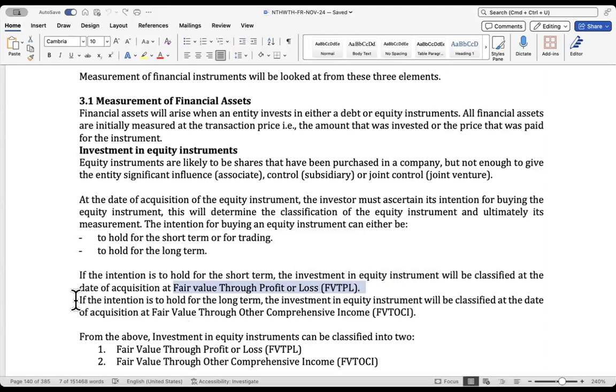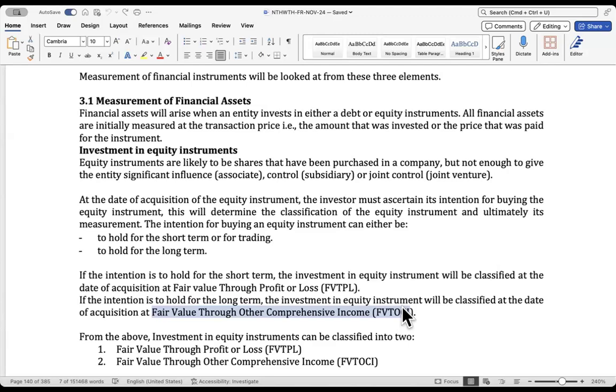But if the intention is to hold it for the long term, then that investment in shares will be classified at the date of acquisition at fair value through other comprehensive income. So when you said you would debit financial assets, the thing is that you will not call that account just financial assets.